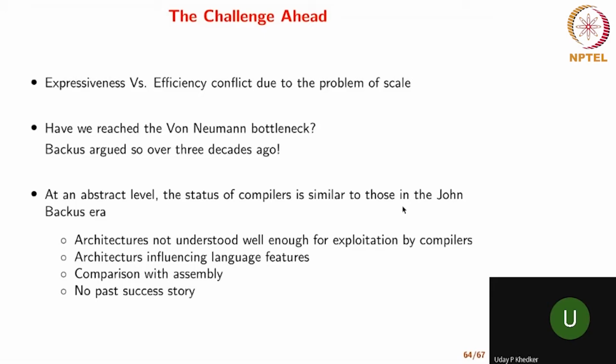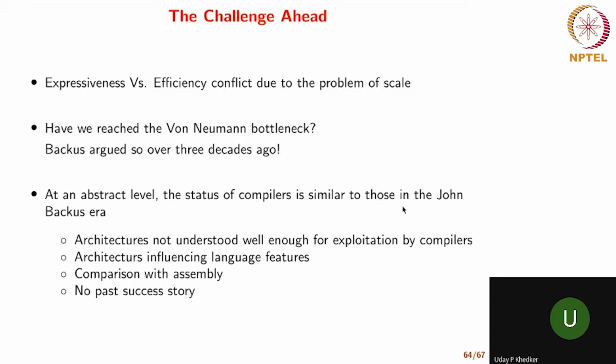but on the frontiers of the architecture, let's say you talk about supercomputing, parallel computing, tomorrow quantum computing, the comparison with assembly will always exist. And when it comes to comparison with assembly for such applications, there is no past success story.